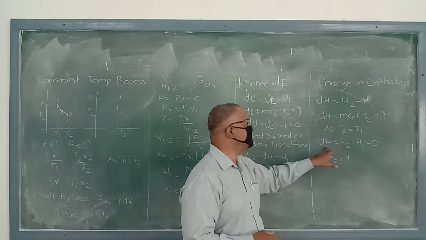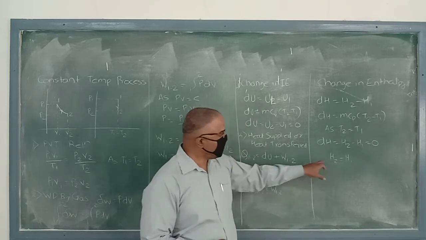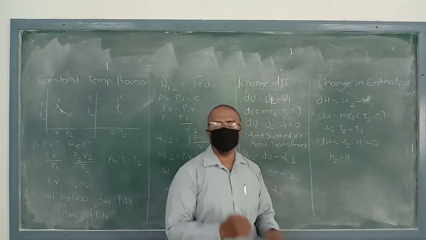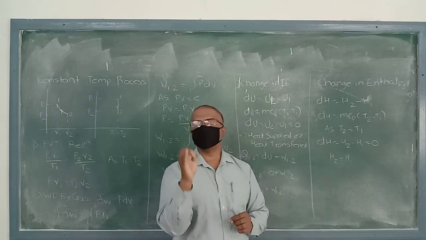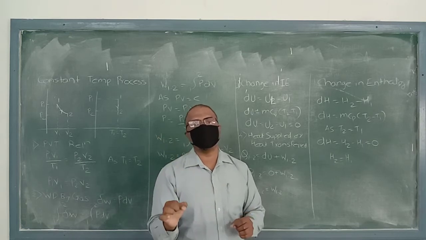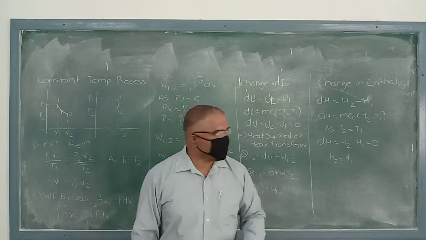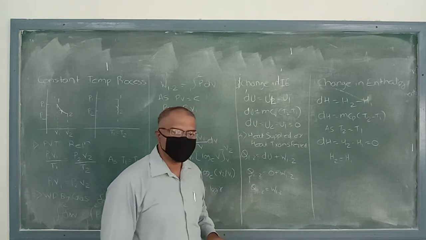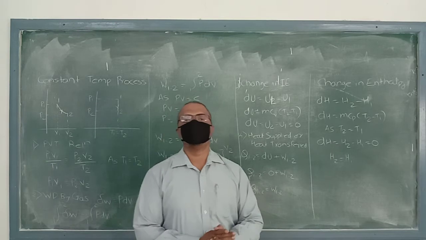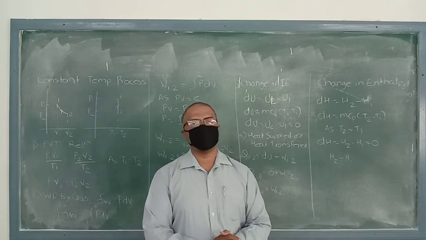So dH is equal to H2 minus H1 is equal to 0, so H2 is equal to H1. During the isothermal process, there is no change of enthalpy. Now we found that temperature is constant, internal energy is constant, and there is no change in the enthalpy. So these three parameters are constant during the isothermal process.